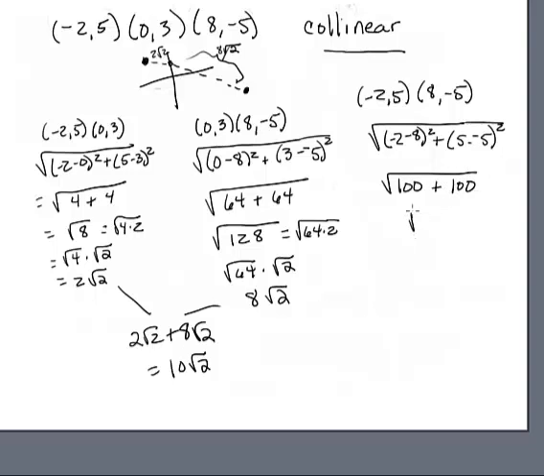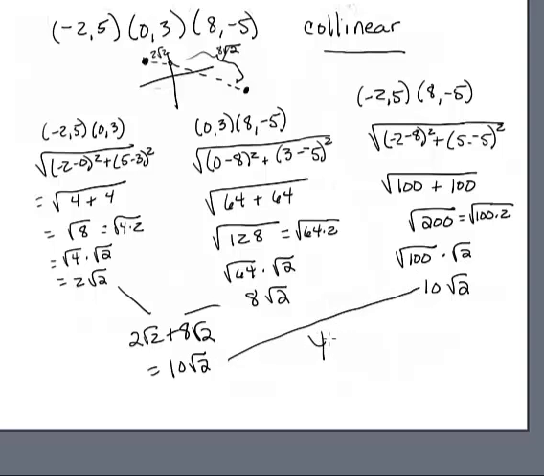So I get the square root of 200, which is really the square root of 100 times 2, which is the square root of 100 times the square root of 2. And the square root of 100 is 10 square root of 2. And that matches this, so yes, they are collinear.